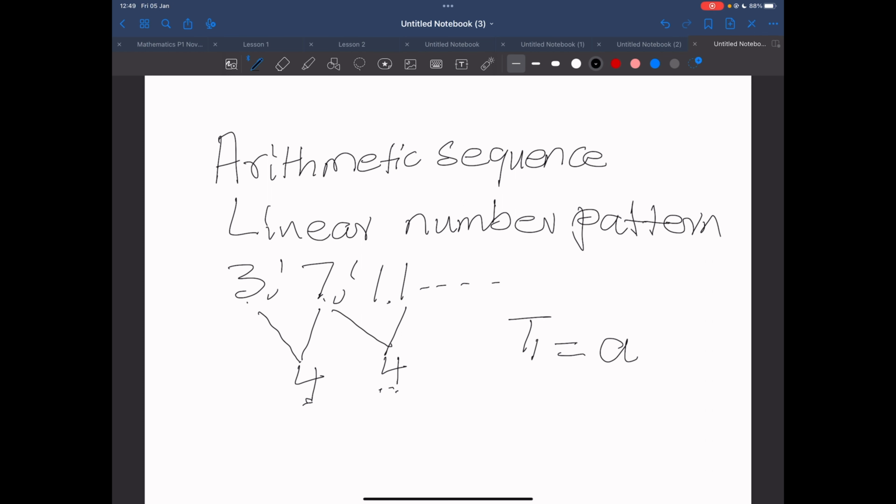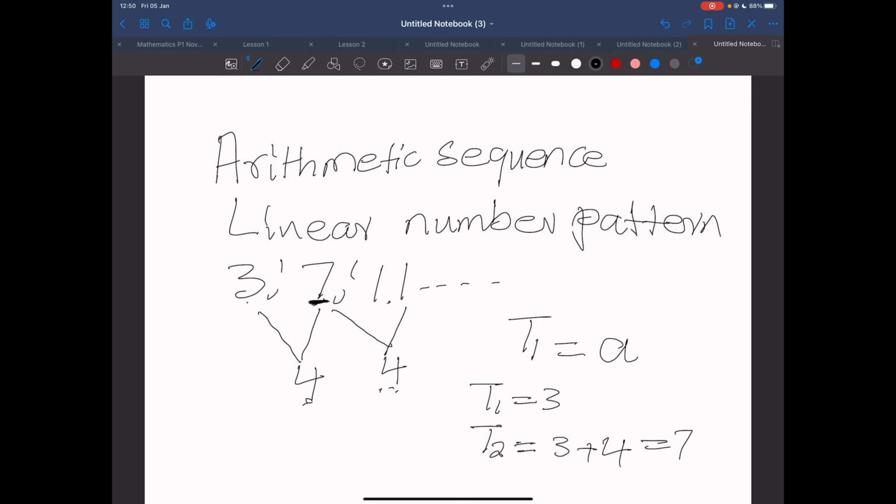For example, we had term 1 as 3. To get to term 2, we take the 3 and add the difference, which is 4, so we get a 7. That is how we got the 7.